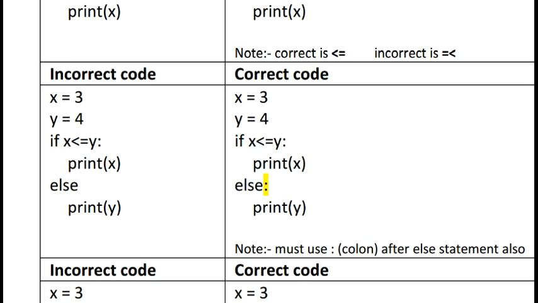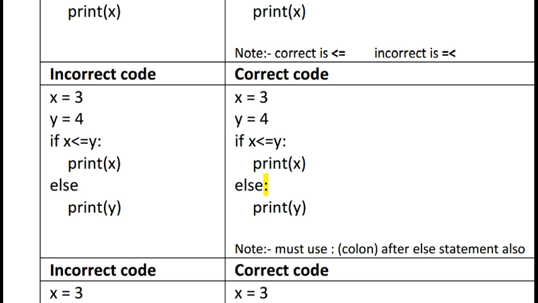Colon is important after if, after else, after for loop, after while loop. Colon is always compulsory. After if a colon is important, and after else we must also use a colon. If you don't use a colon after else, the compiler will give an error.